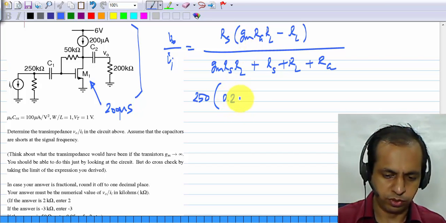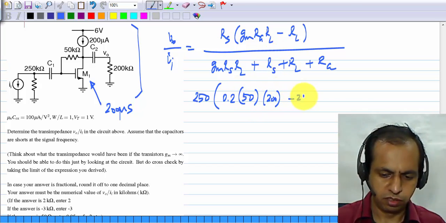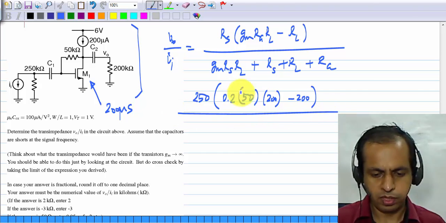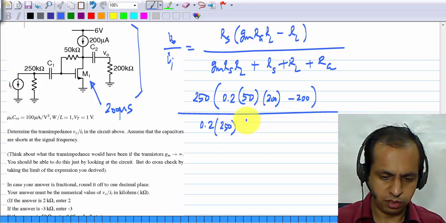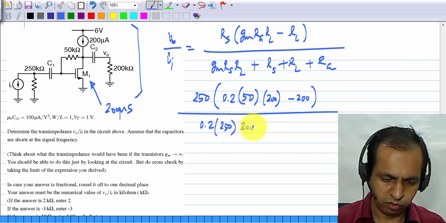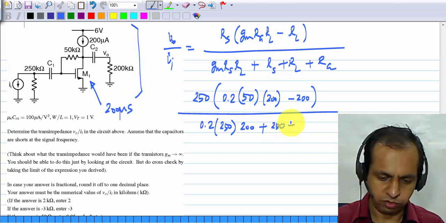Gm is 0.2, Rg is 50, RL is 200, and similarly in the denominator you'll have 0.2 times 250 times 200 plus Rs, which is 250, RL, which is 200 plus 50.